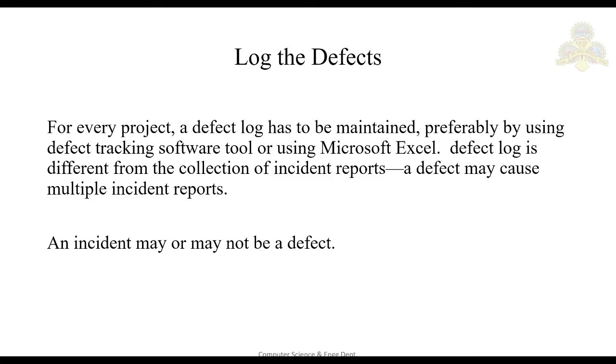Whenever the tester, in the testing phase, discovers some defect, he has to keep a log of the defect which he has found. This has to be done by the entire testing team. They have to write about the defect: the date when they found it, the description, the steps they carried out so that the defect was observed, and the environment in which it was observed.